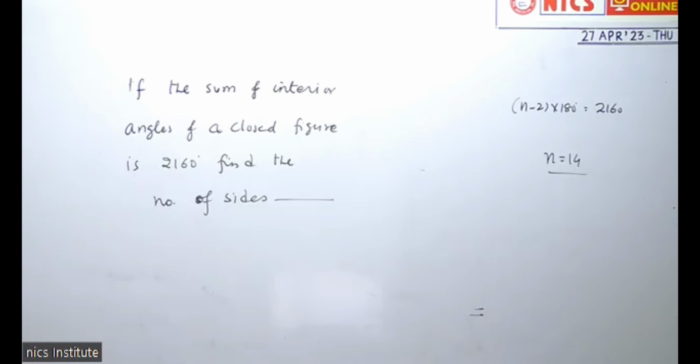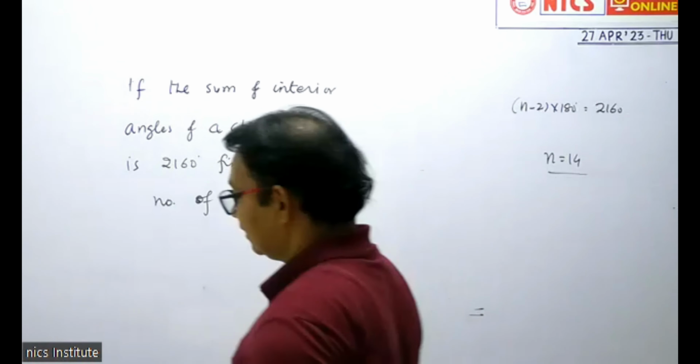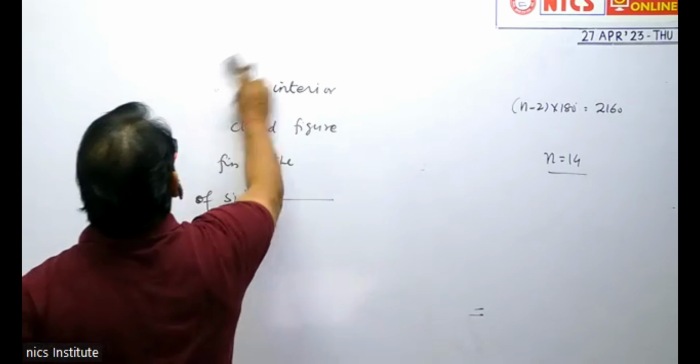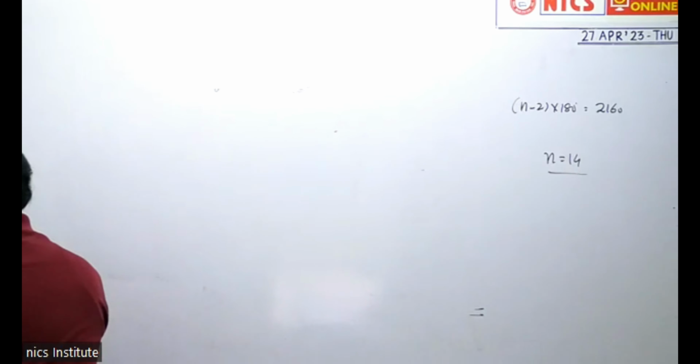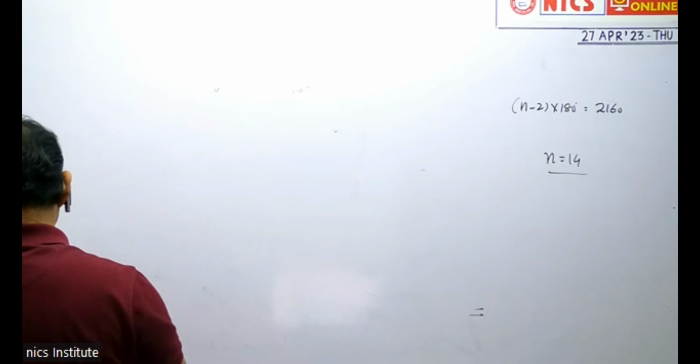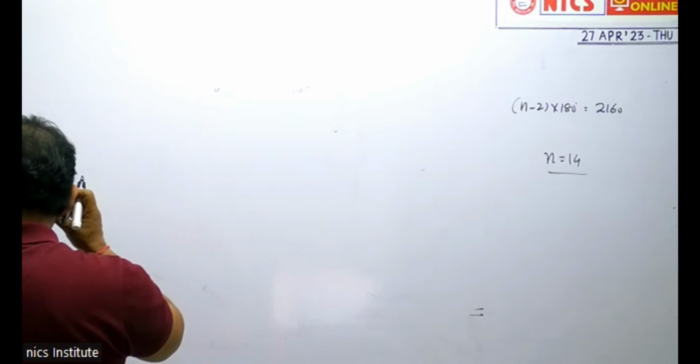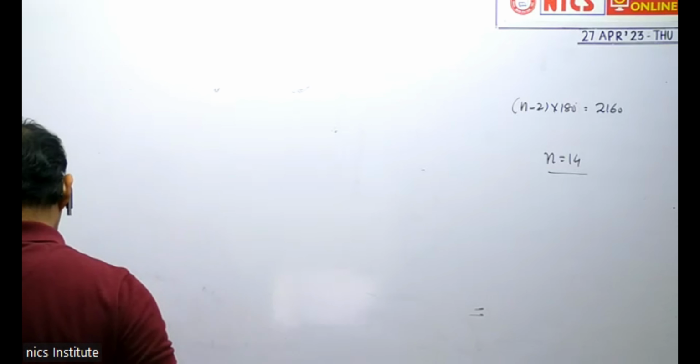The tetragon. Tetra, sir, tetradecagon. Decagon is 10. Tetra means 4. So that is tetradecagon, okay, fine.